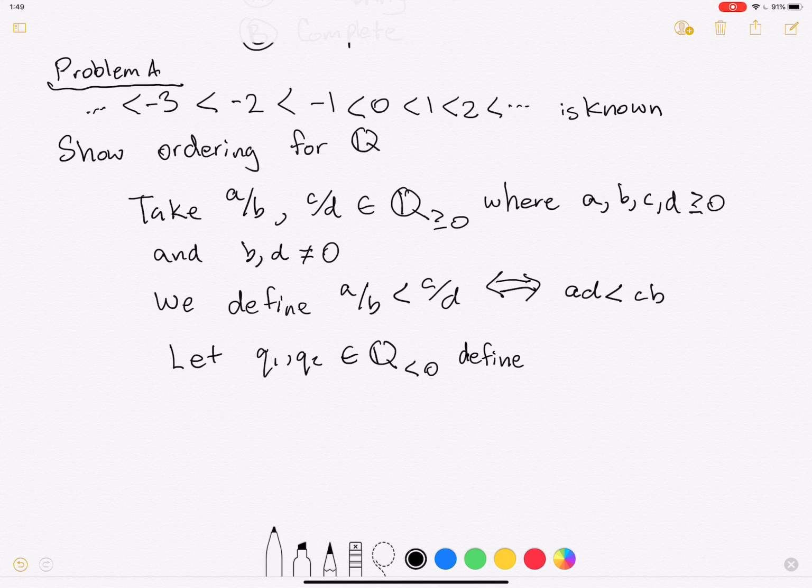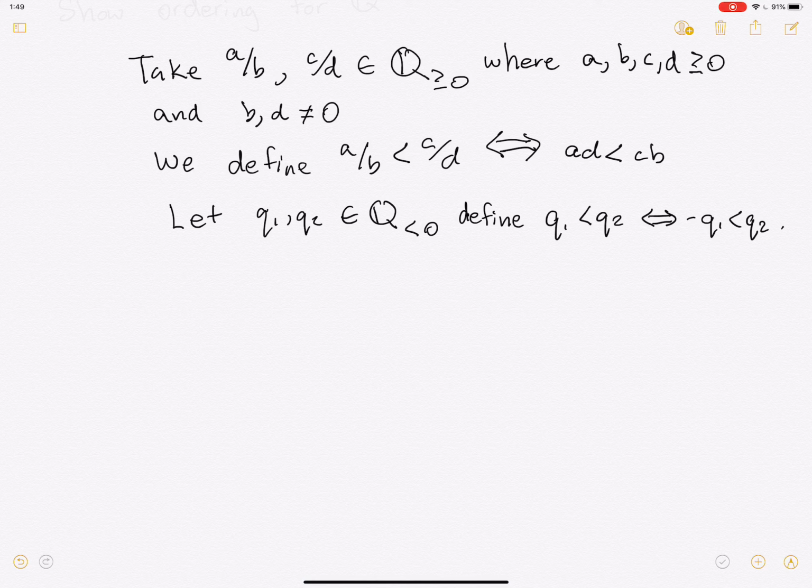Define Q1 less than Q2 if and only if negative Q1 is less than negative Q2. We used the previous definition to get this one, so both sides will be positive. That gives us orderability for all of the rational numbers.